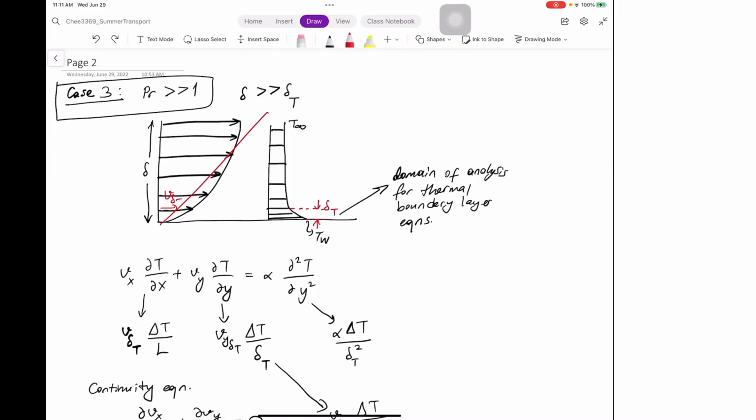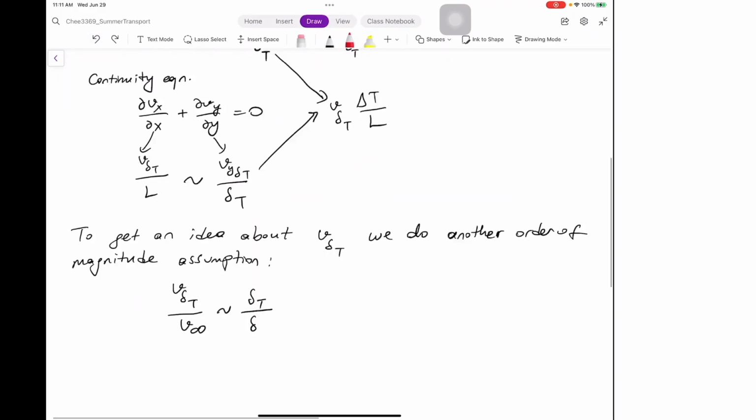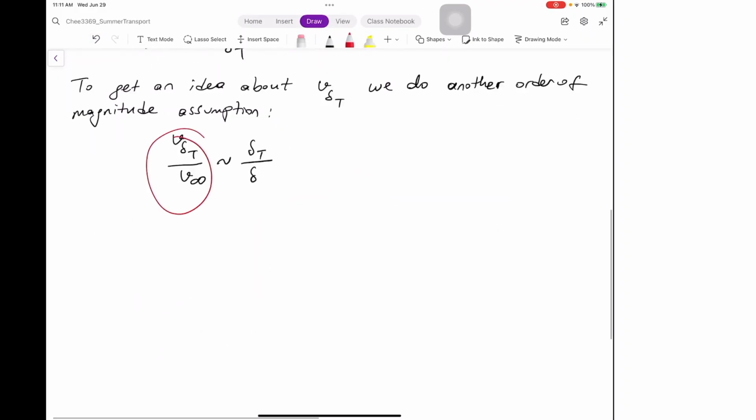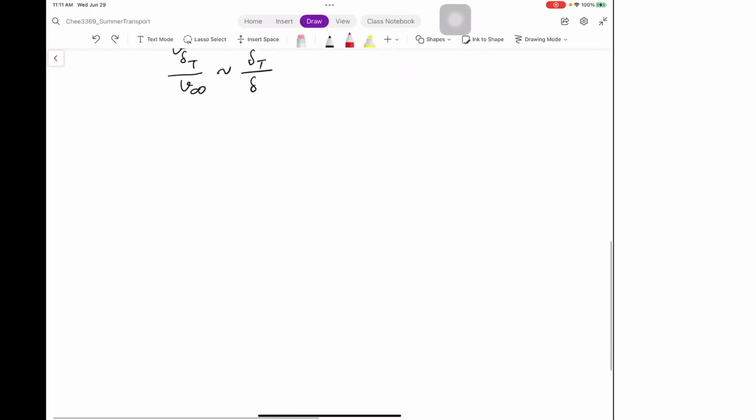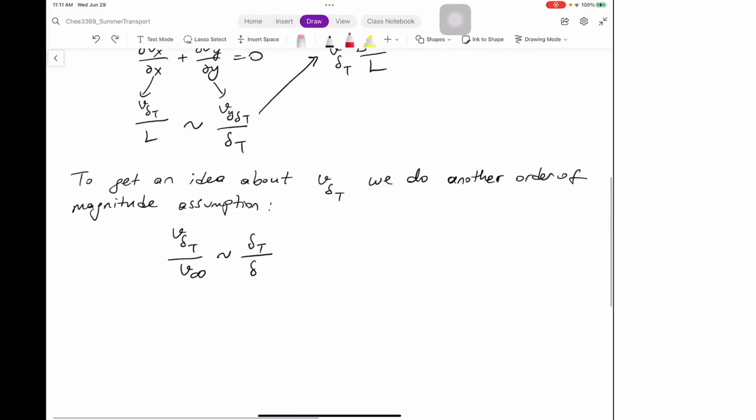So if you scale it, this is going to be in the same order of magnitude as this one. I'm not saying that they're equal to each other. I'm just saying that one is 10, the other cannot be 1,000. The other can be maybe 20 or maybe 30 or maybe 50. That's what I mean. Okay. And so that's it.